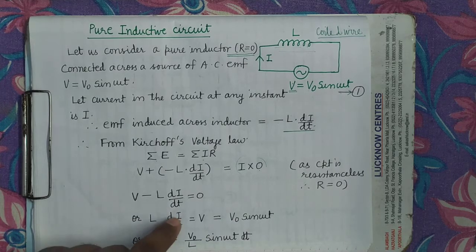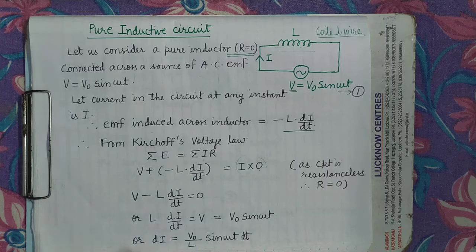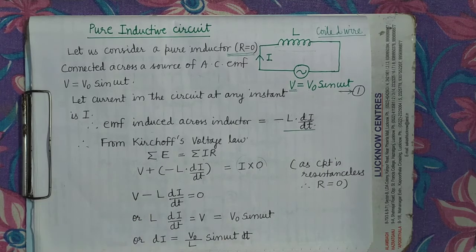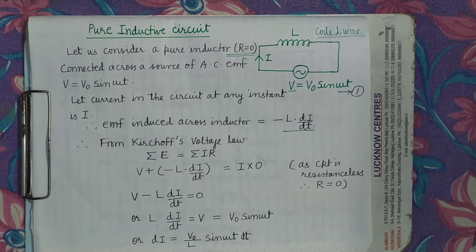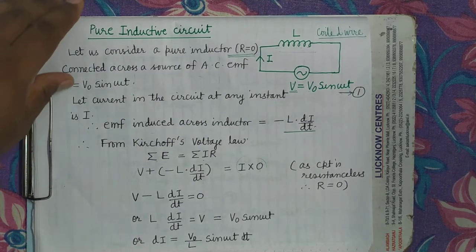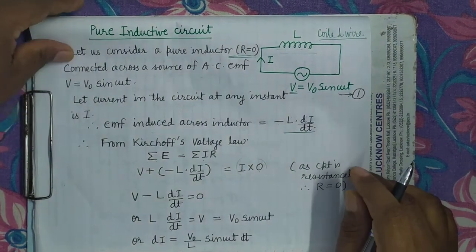You can keep di only in the LHS and other things in the RHS. This will be the value of the current. Now we will integrate it.